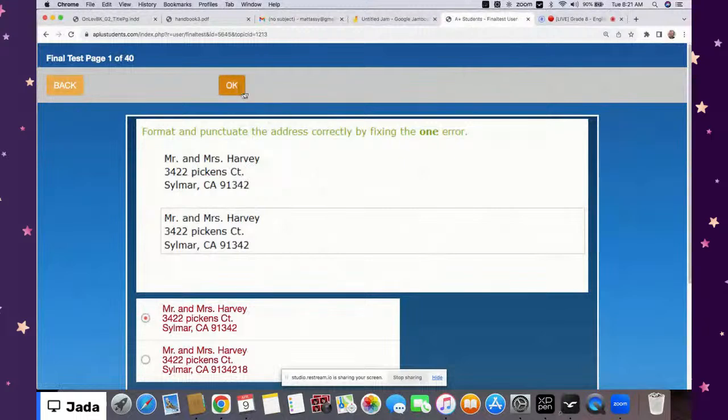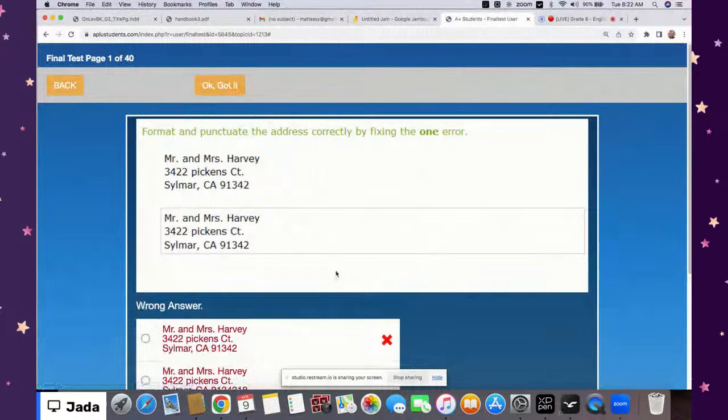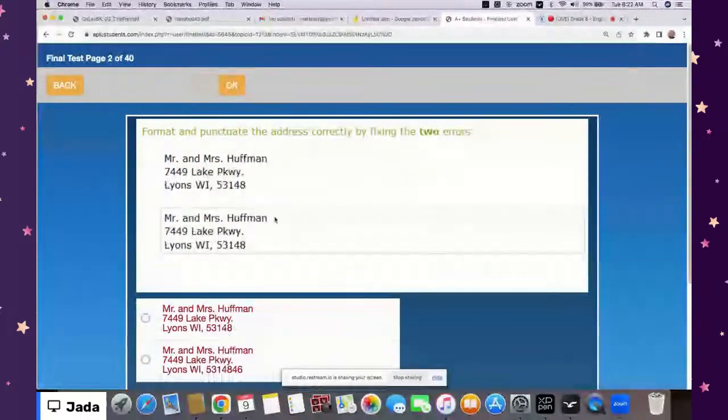So this is now the final test. Once you're done with that, you'll have to do the final test. I think there's really something wrong with the options from this test. Two errors here.